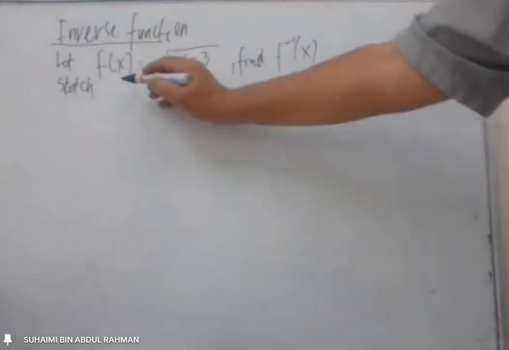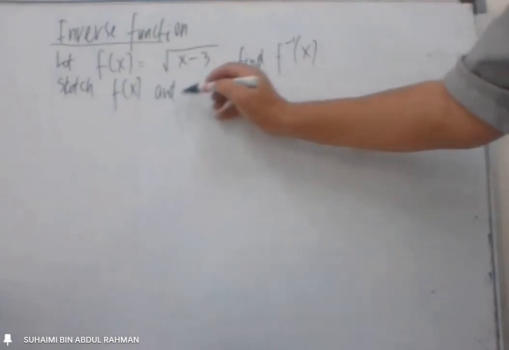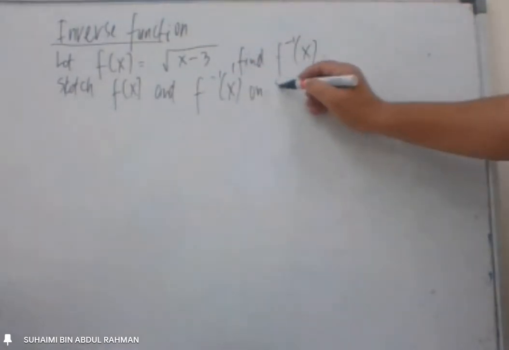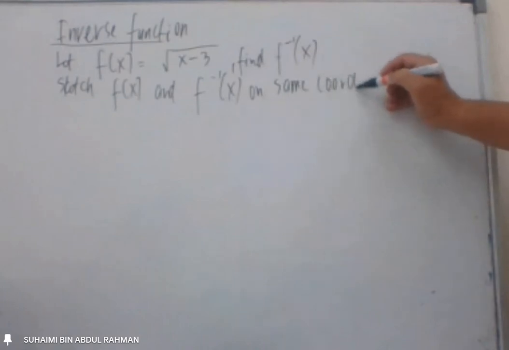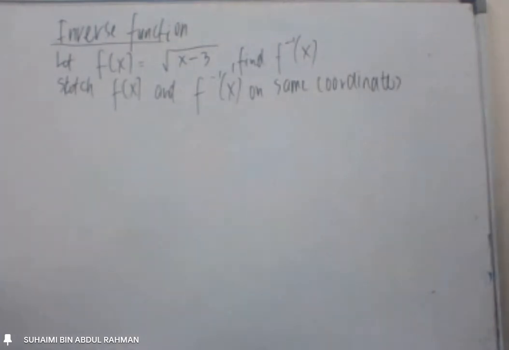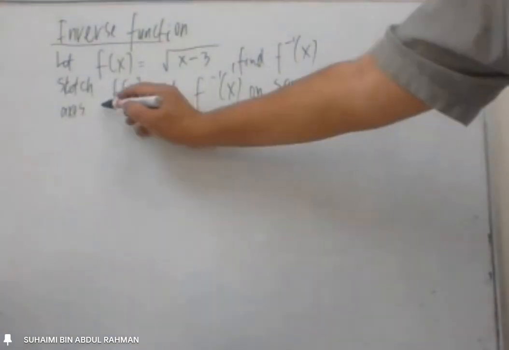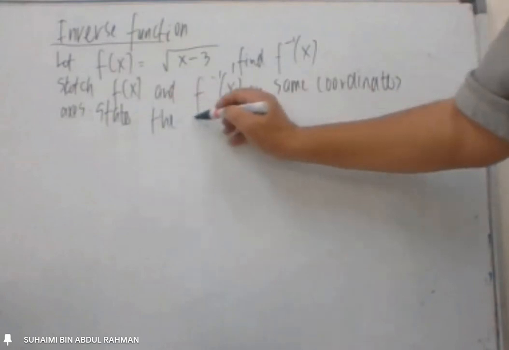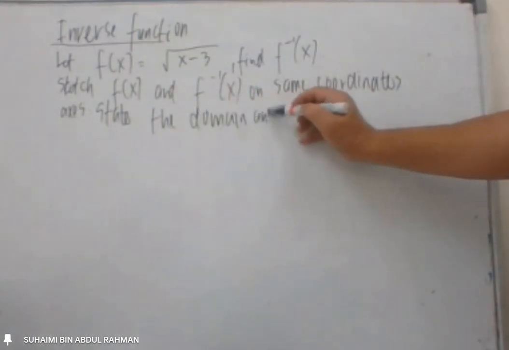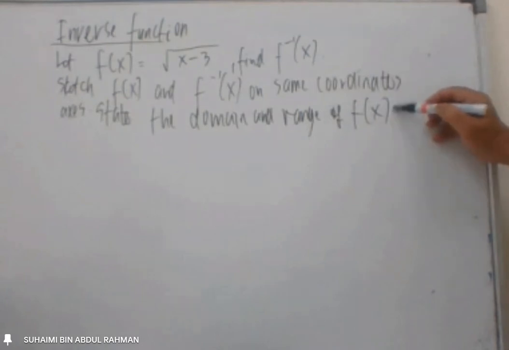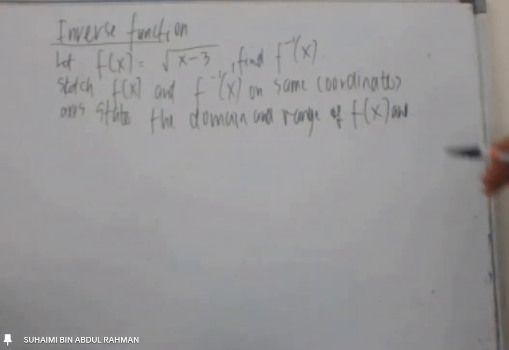Sketch the graph of f(x) and f inverse on the same coordinate axis, and then state the domain and range of f(x) and state the range of the inverse of f(x).